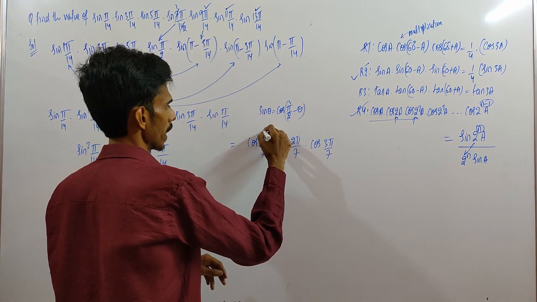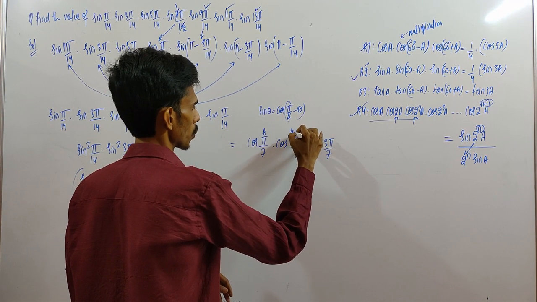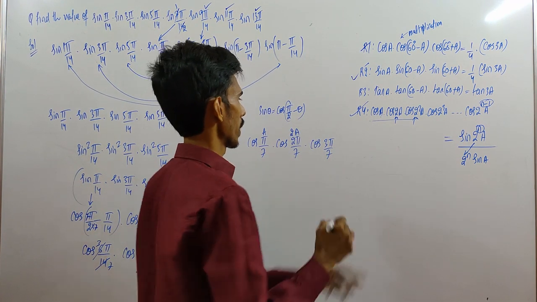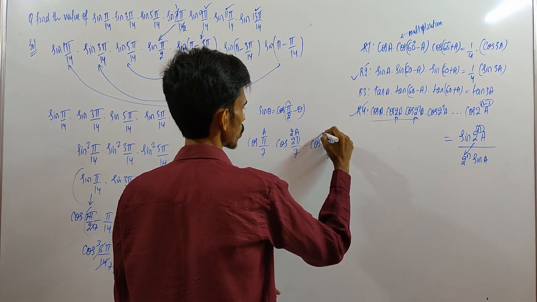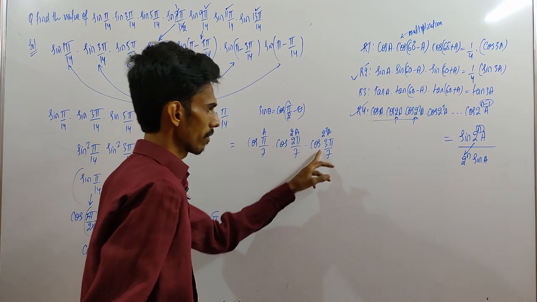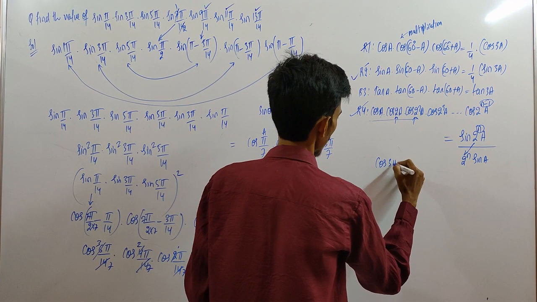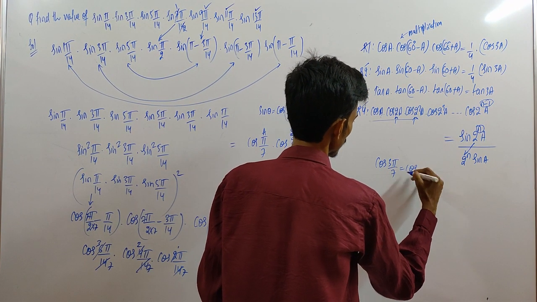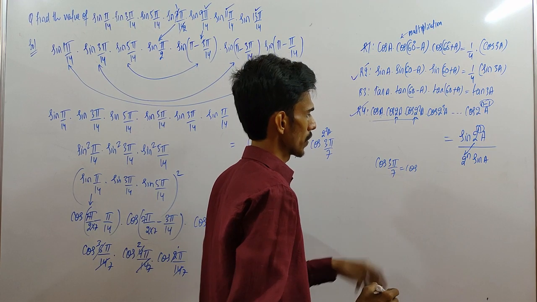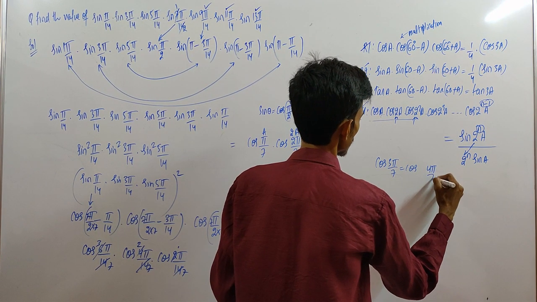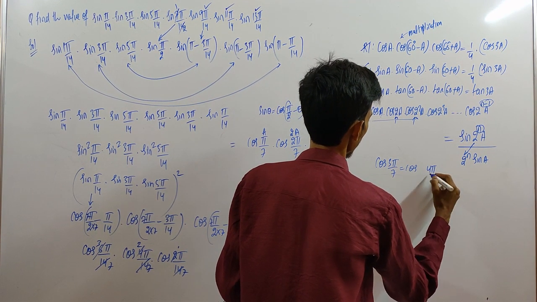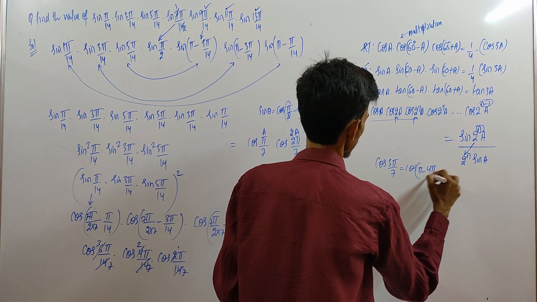Here we have cos A, cos 2A. Here we want cos 2 square A. Here we have 3A, so convert this. Cos 3 pi by 7 is equal to cos, 7 minus 3 is 4, so it can be written as 4 pi by 7. Here we will write minus.